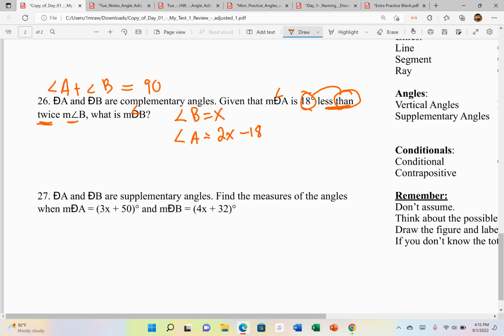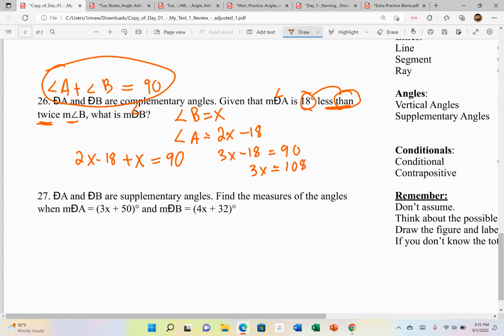Now, we know that those two angles are complementary, so we can plug it into this formula, right? 2x minus 18 plus x equals 90. 3x minus 18 equals 90. 3x equals 108.